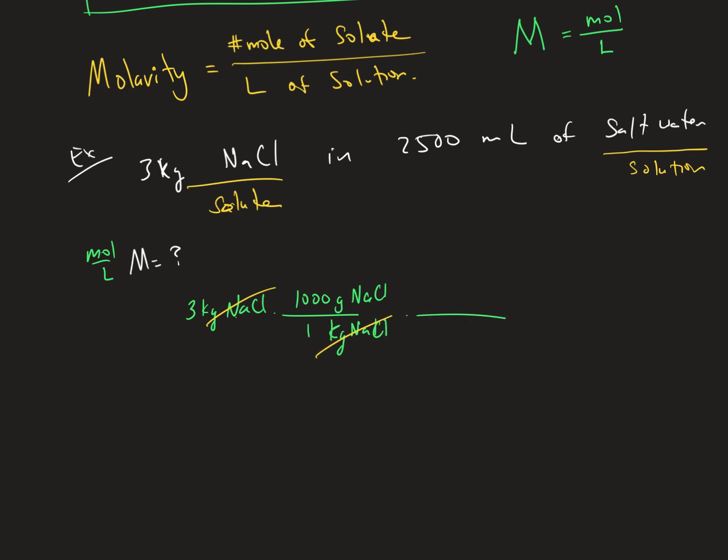And then we can convert these grams into moles using the molar mass. This is 22.99 plus 35.45, 58.44 grams of sodium chloride. Y'all with me, or did I go too quickly? To 1 mole of sodium chloride.